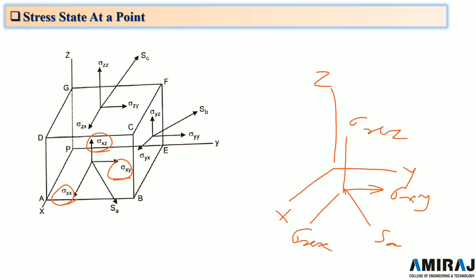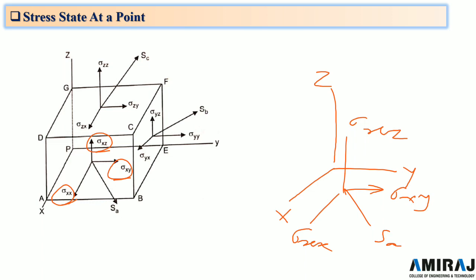Note that the first subscript in all the three components is x, because these three components are acting on a plane which is perpendicular to the x-axis. The first subscript denotes the orientation of the normal to the plane on which the stress component is acting, and the second subscript gives the direction of the stress component itself.